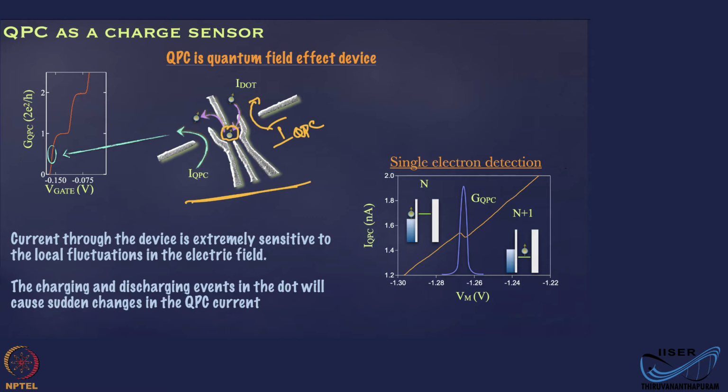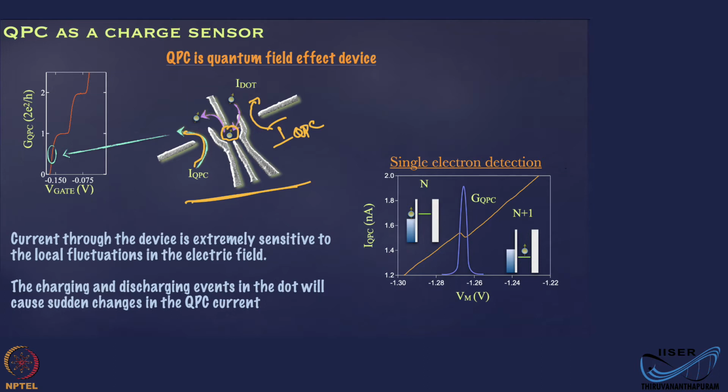And you can measure the conductance of the QPC, and from the fluctuations in the conductance, you can sense the fluctuation in the electron configuration or occupation of the nearby quantum dot. That is the point here.